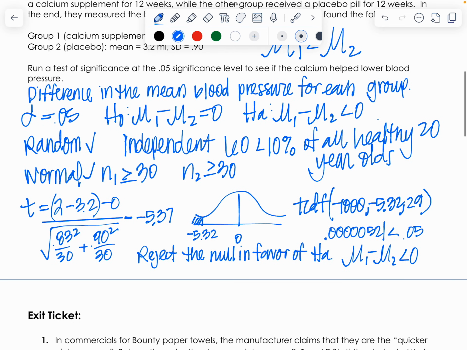Now the question asked, did calcium help lower blood pressure? And we can say yes, calcium did help lower blood pressure.